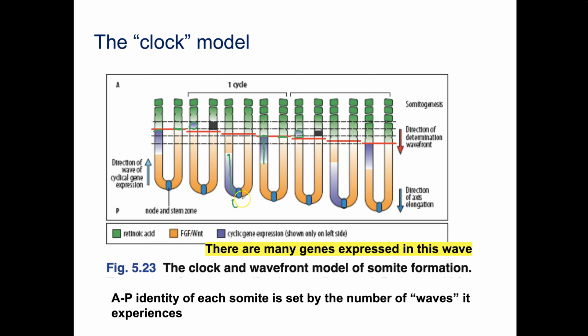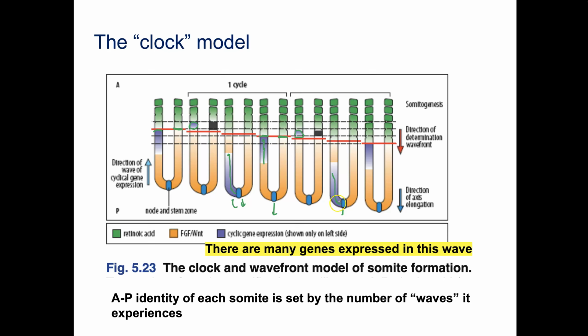Again, notice how the node is moving down because the embryo is lengthening as this process takes place. Here's the node, and here's our next wave of expression. The dark is more of the gene expression and the light is less of it, so you can see how the large amount of it is moving towards the anterior, and it's temporary because as it moves, the gene expression is turned off.